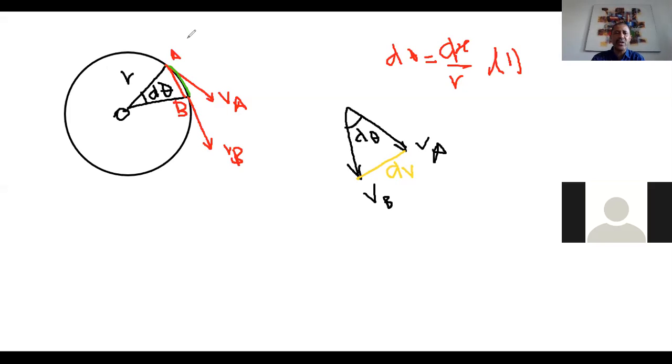Let me check the color so you will not be confused. This is your yellow here, but your green is this one. Let's say this is your ds as a sector. What is this? The chord.